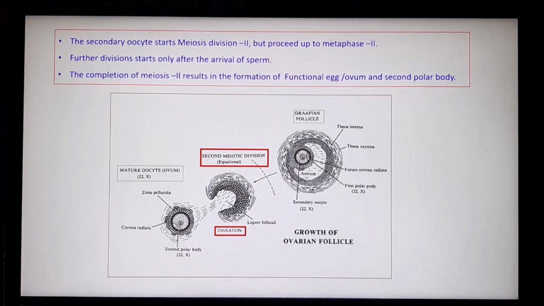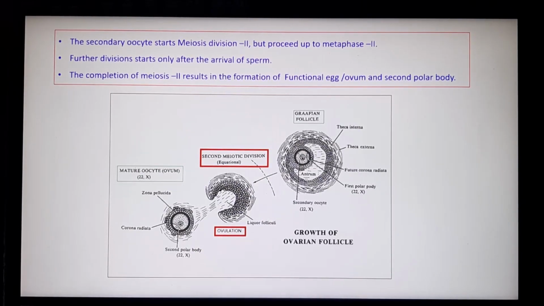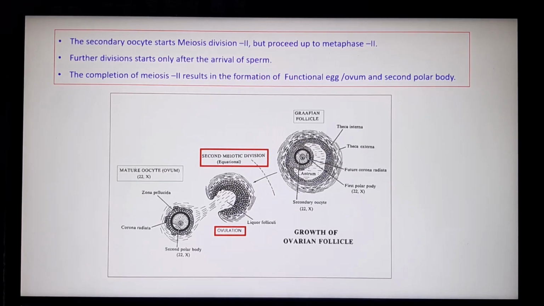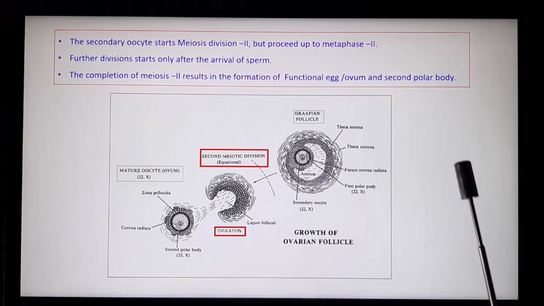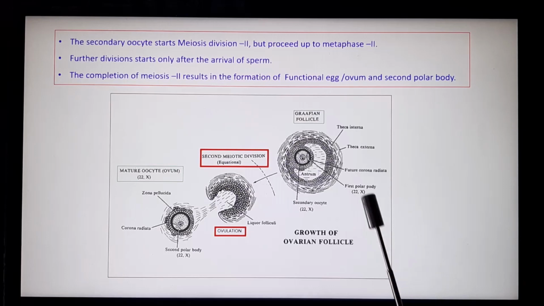The sperm need to reach and fuse and induce the completion of meiosis II. The completion of meiosis II results in the formation of a functional egg or ovum and a second polar body.